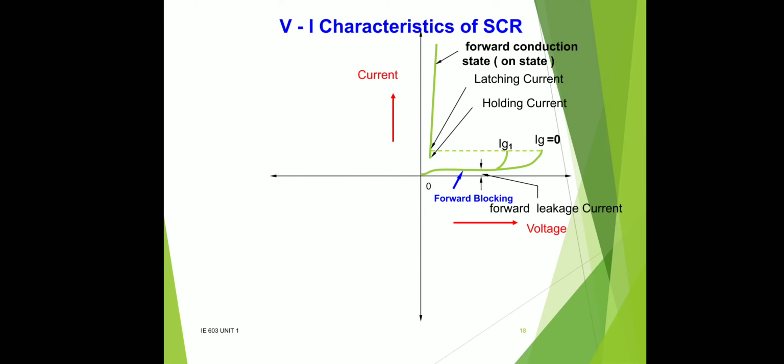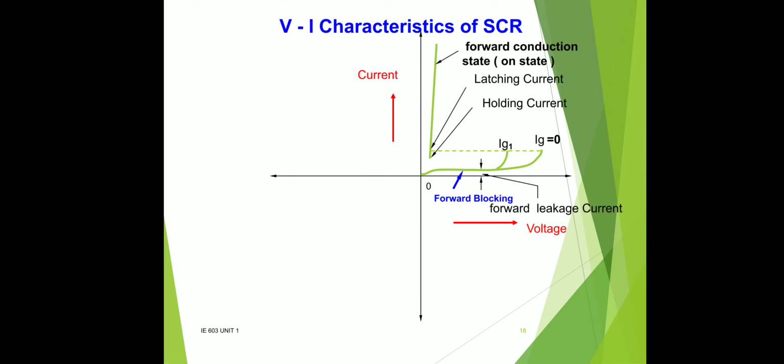Here you can observe there are two currents, holding current and latching current. What is latching current? Latching current is the minimum forward current that flows through the SCR to keep it in the conduction mode, that is in the on state.